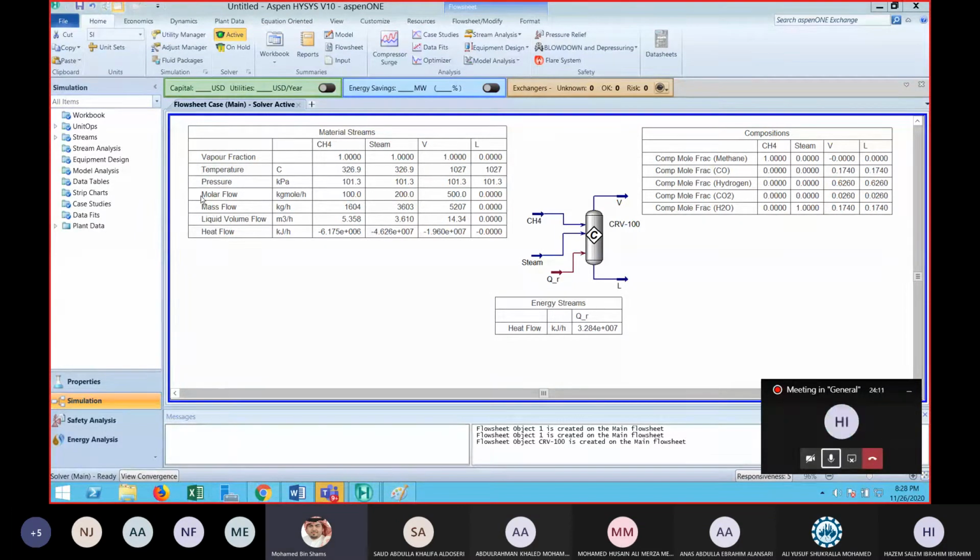So the molar flow here is 0 liquid. This means anything here is multiplied by this, which is 0, so this doesn't have any sense. It is just there because of the template creation that happened. And this is what is important: this is the composition of the outlet. You can see that the methane is 0. It's completely converted. And that is the heat needed to be added to the system.